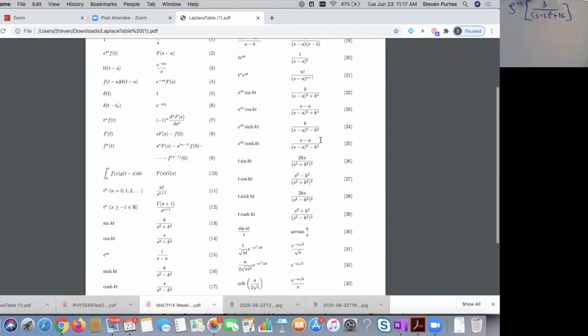That looks like this one. So that's an e to the at times sine of kt. So k here will be 4. So really not much we have to do here. We got to put in a 4 on top and bring the 3 out.